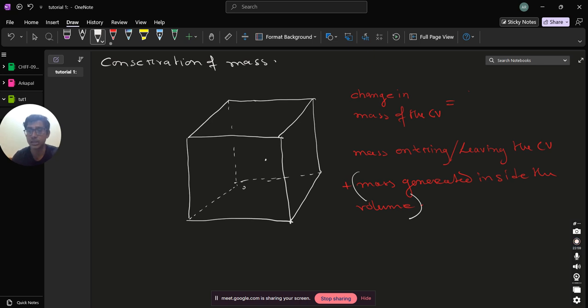We are concentrating on real life things that we generally see in our everyday life. We cannot create water out of thin air, right? We would have to condense the water vapor that is already in the atmosphere. So creation and destruction of mass goes out of the picture. So what do we have? We only have the mass that is entering or leaving the control volume.